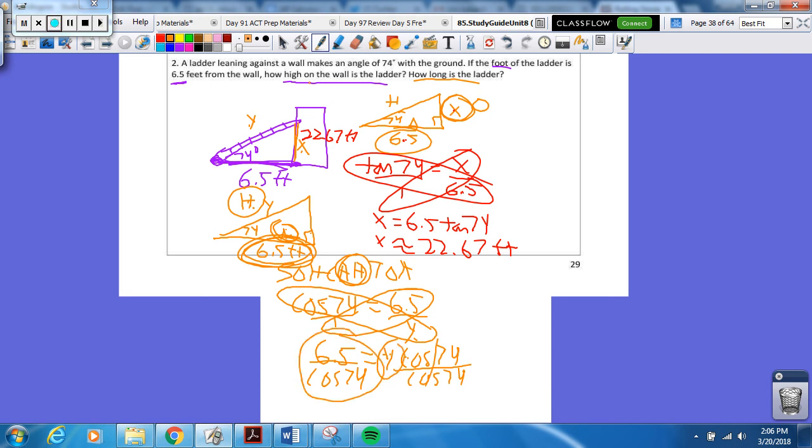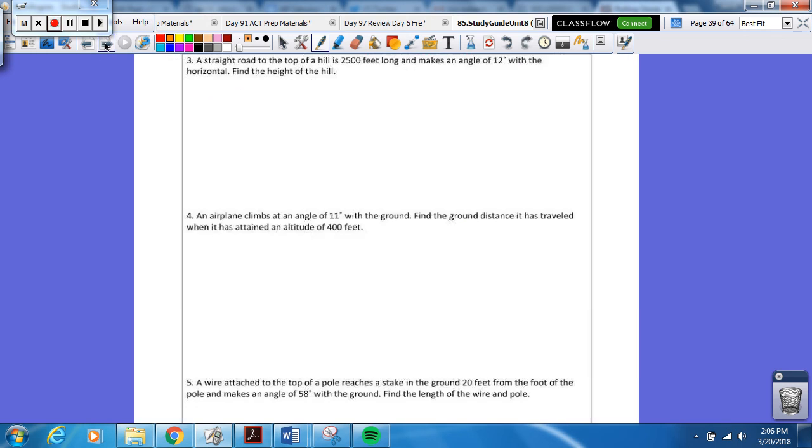Put this in the calculator: 6.5 divided by cosine 74. And y equals about 23.58 feet. That's how long the ladder is. We got x, we got y. Life is good.